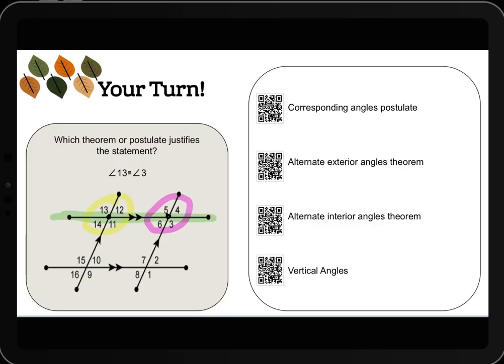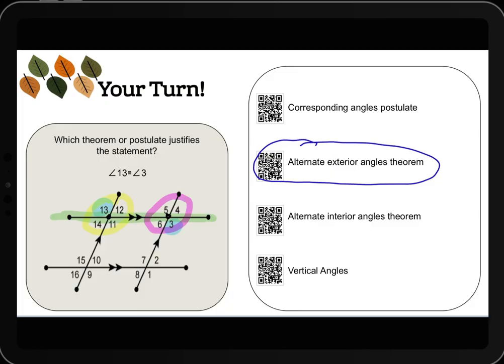And that means when you look at 13 and 3, they are on the outside of the two parallel lines, the lines that would be here and here. So they're outside in the exterior area, and they're diagonally across from each other. That tells us what type of angle pair it is. They're alternate exteriors. So by the alternate exterior angle theorem, they're going to be congruent to each other.